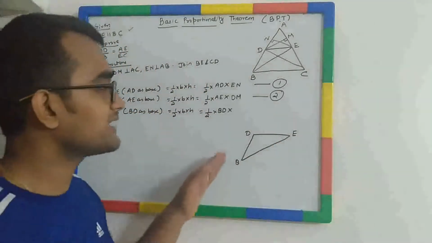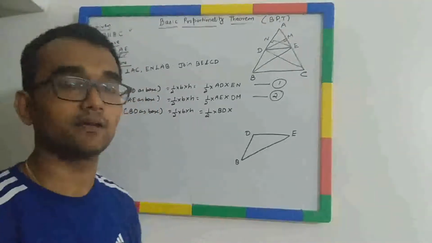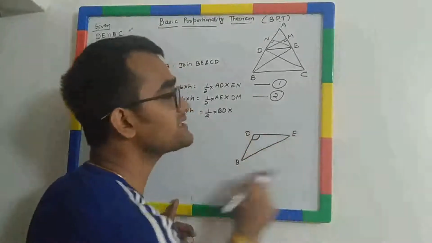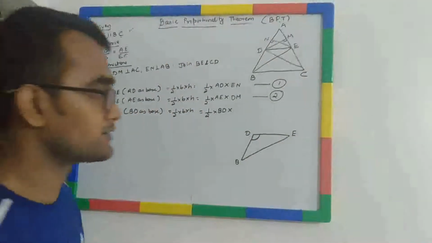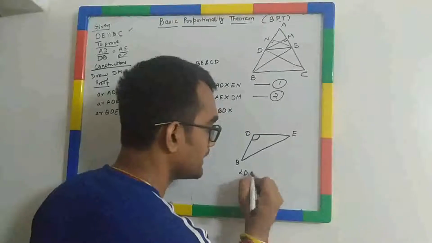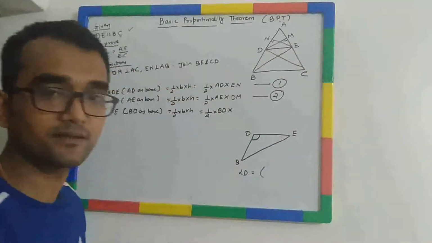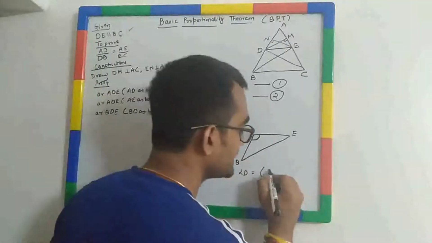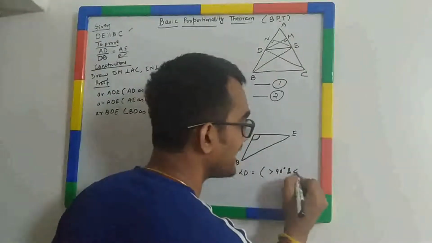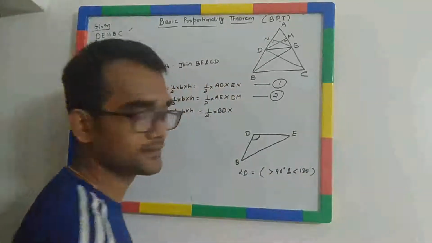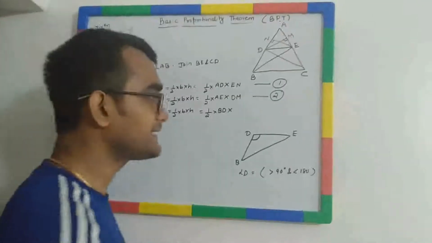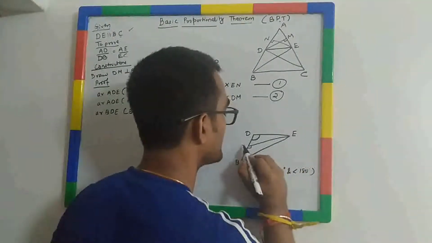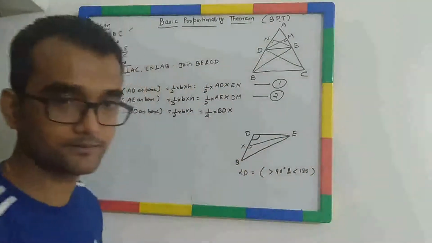Now friends, triangle BDE is an obtuse angle triangle at point D. D is the obtuse angle of this triangle. So we know that an obtuse angle has a measure greater than 90 degrees and less than 180 degrees. So angle D will be greater than 90 degrees and less than 180 degrees. Okay, let me draw a perpendicular EX in the interior of this triangle.